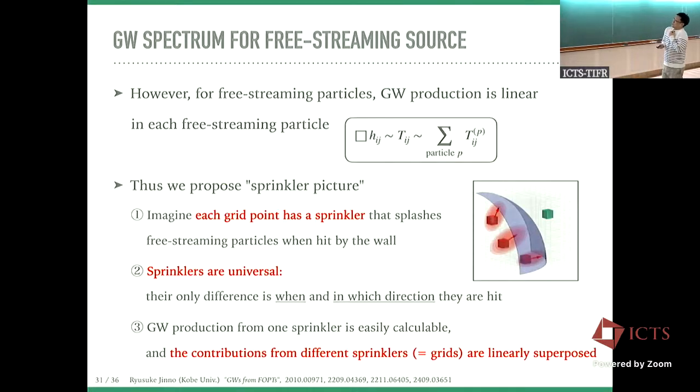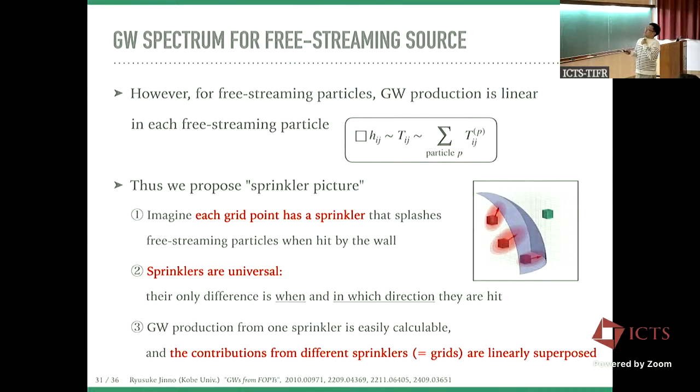But in the present case, in the case of free streaming particles, gravitational wave production is linear in each free streaming particle. So box h_ij is sourced by the energy momentum tensor, but the energy momentum tensor can be written as a simple superposition of the energy momentum tensor from each particle. And that's why we propose the sprinkler picture.